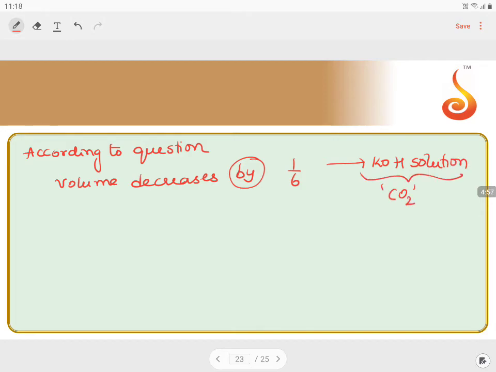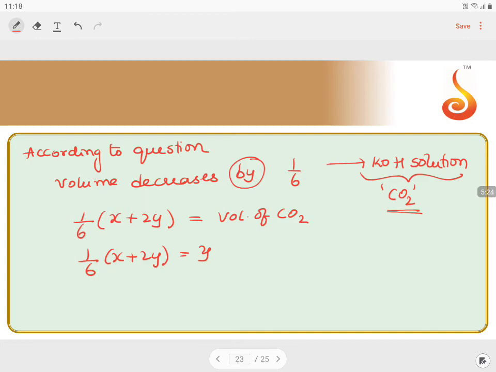KOH absorbs carbon dioxide gas, so the change in volume corresponds to carbon dioxide. 1/6 times the total volume, (X plus 2Y), should be equal to the volume of carbon dioxide. That is, 1/6 times (X plus 2Y) equals Y, because the volume of carbon dioxide is Y. Solving this equation, we get X/Y equals 4/1.